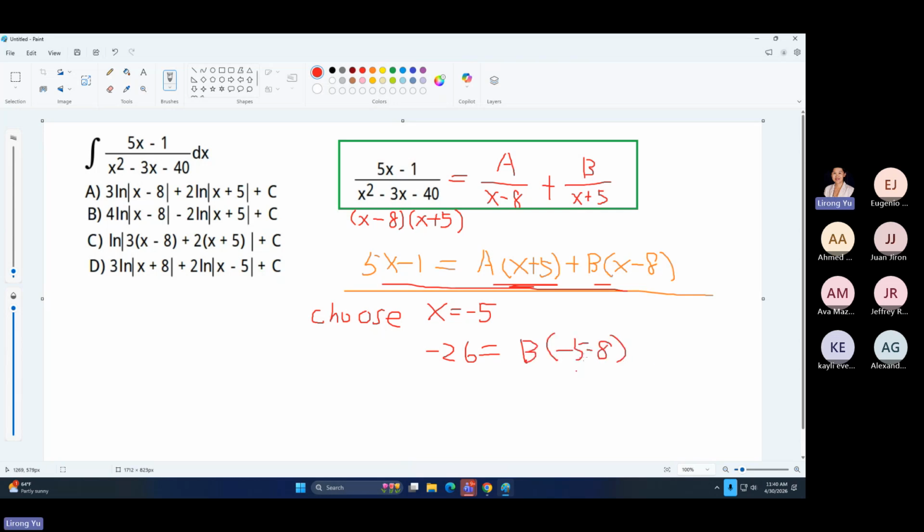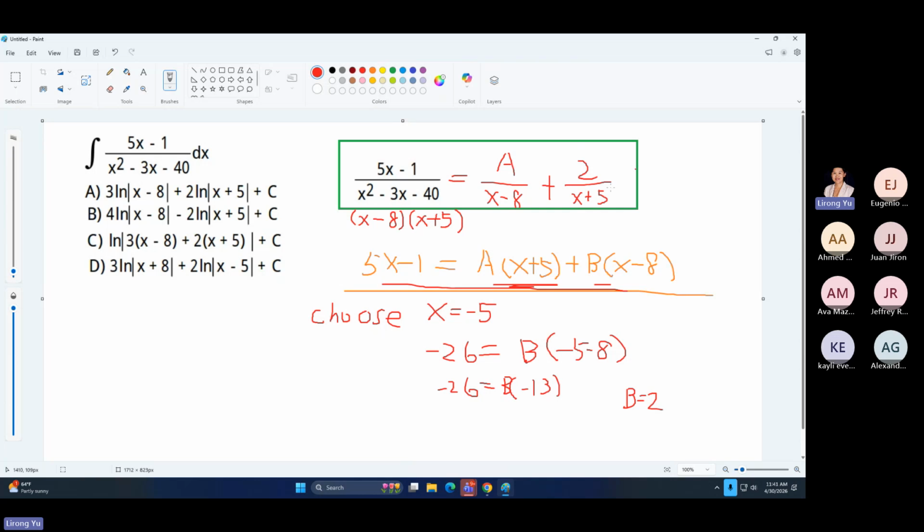So this is actually B times -13 equal to -26. Divide by -13, B equals 2. So we realize that now we have a number, this numerator. At first, we don't know what it is. Now we know this is 2. So we find out the actual decomposition coefficient.